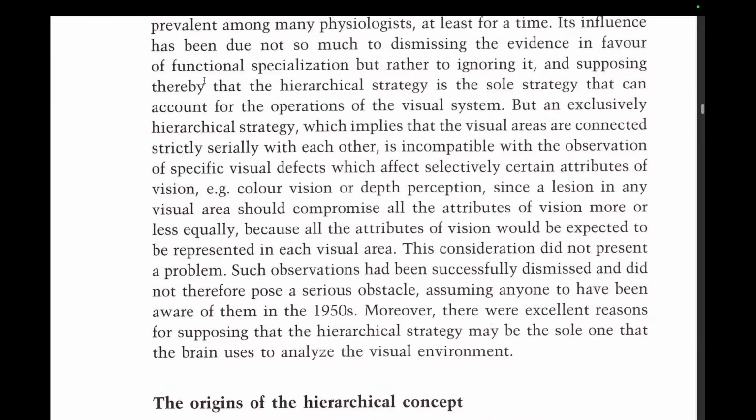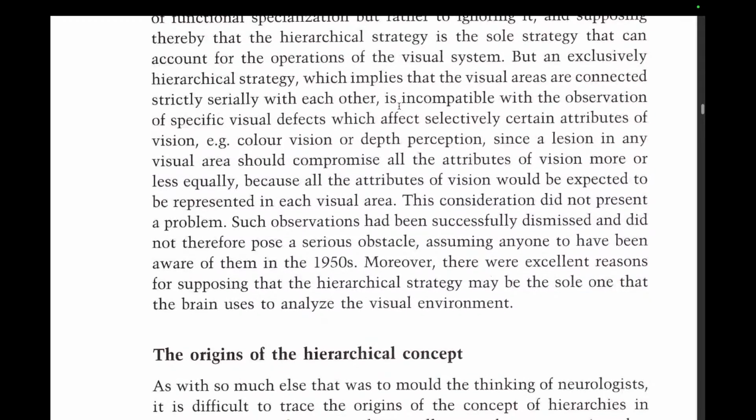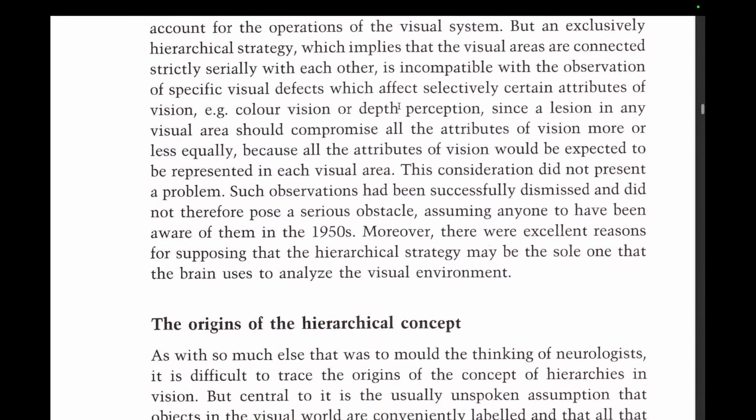Its influence has been due not so much to dismissing the evidence in favor of functional specialization, a similar term used in computational neuroscience when explaining systems and networks, but rather to ignoring it and supposing thereby that the hierarchical strategy is the sole strategy that can account for the operations of the visual system.